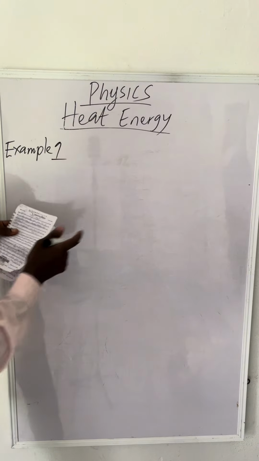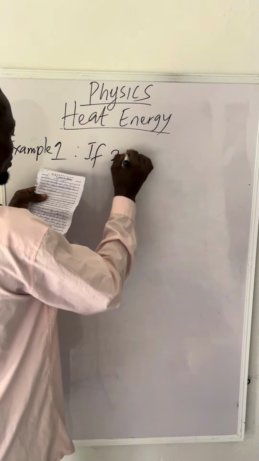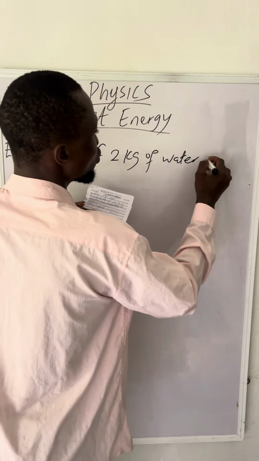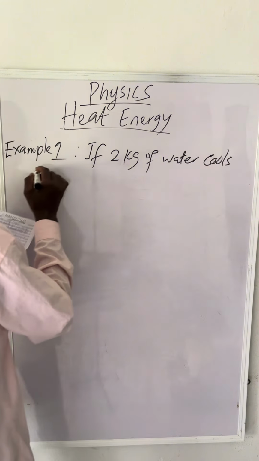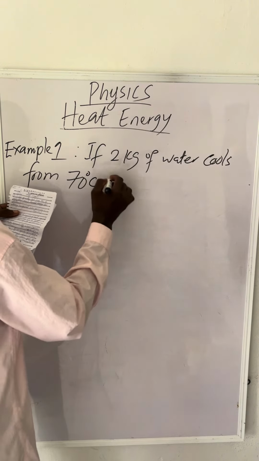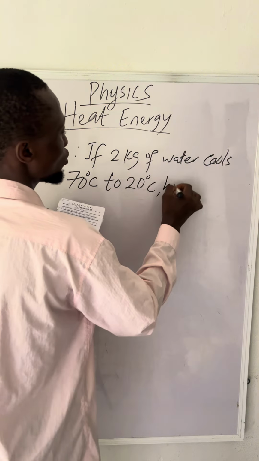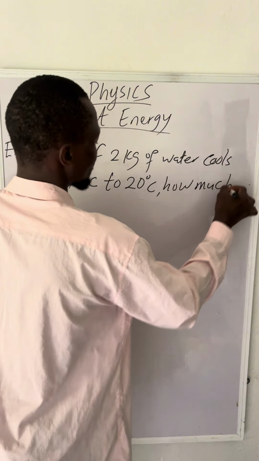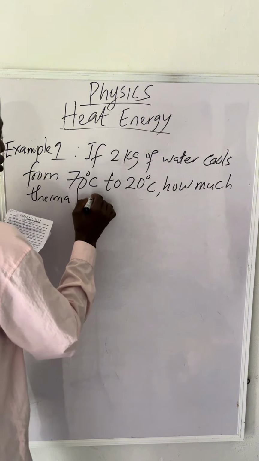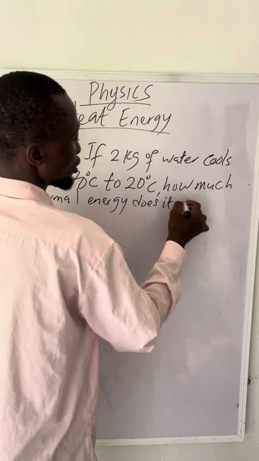So example 1: if 2 kg of water cools from 70 degrees Celsius to 20 degrees Celsius, how much thermal energy does it lose?